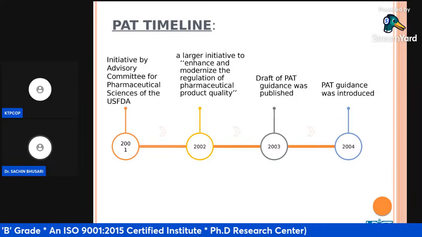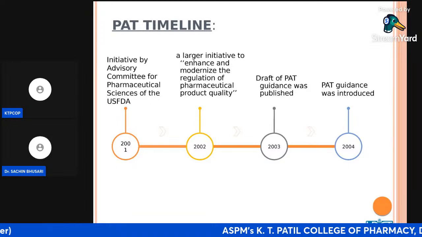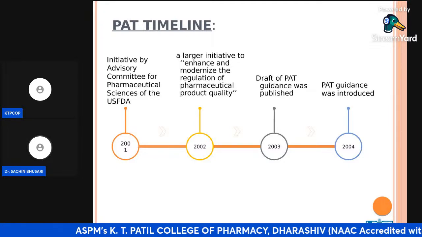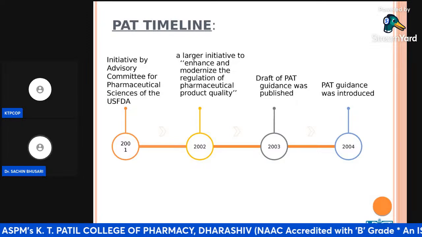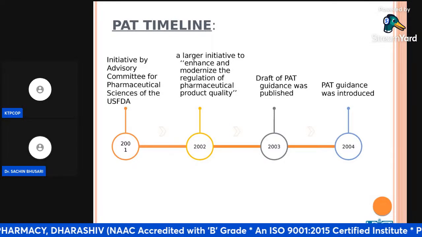My knowledge says that if you stick to USFDA guidelines, you can crack any audit. That is the scenario in India also, because they have those stringent guidelines.